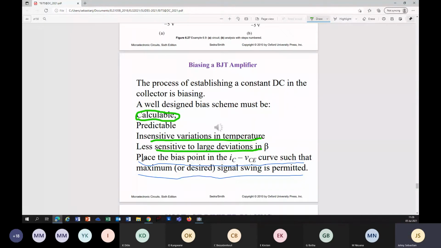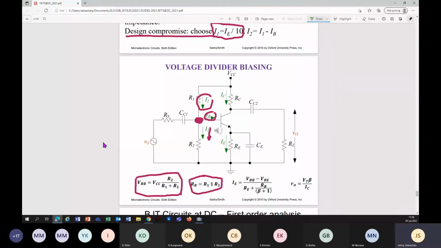Considering placing the bias point in the IC-VCE curve such that maximum or desired signal swing is permitted. We did not get maximum signal swing, we have desired signal swing. We will see that as we go down to voltage divider bias.